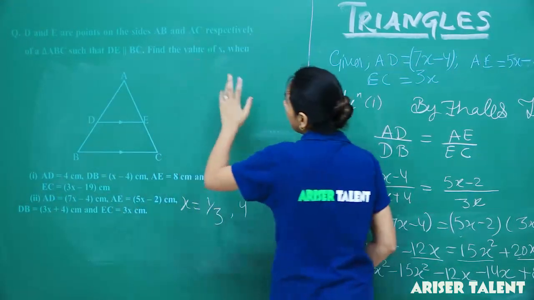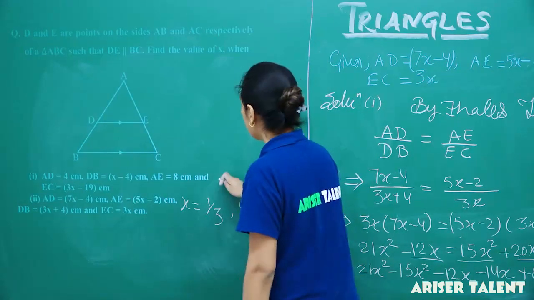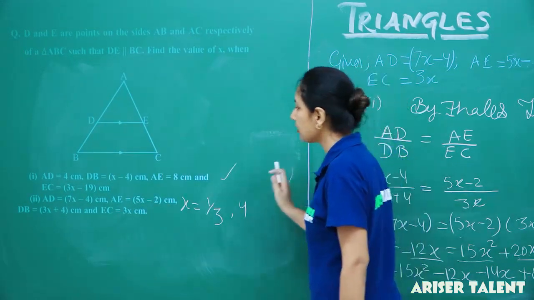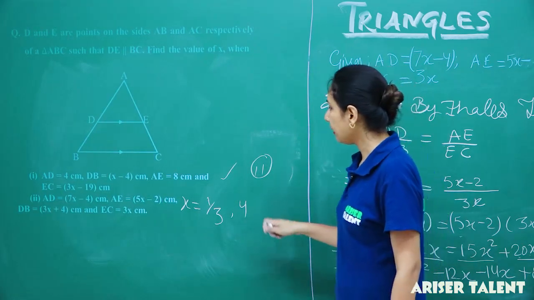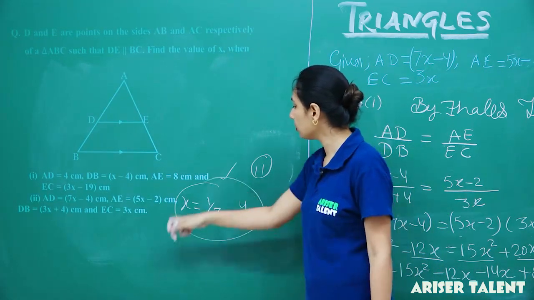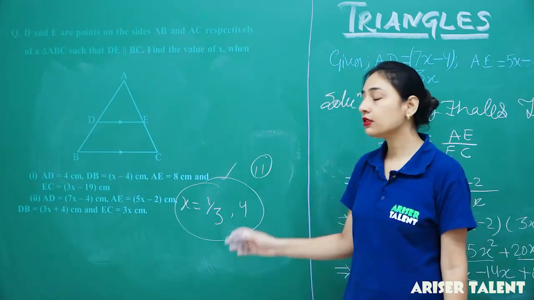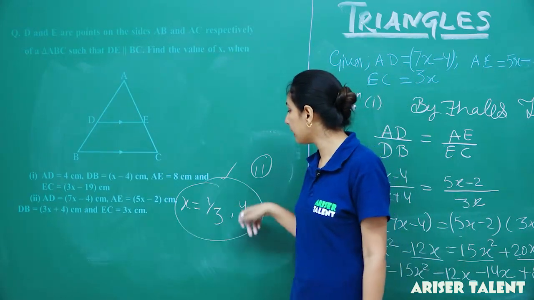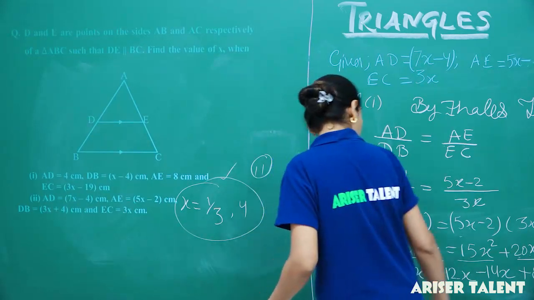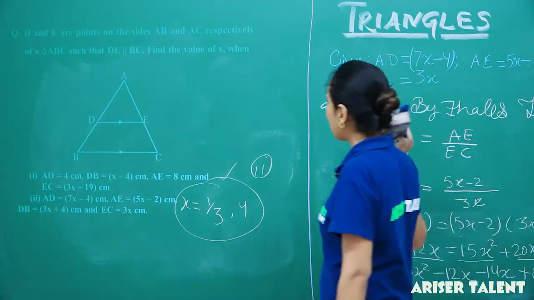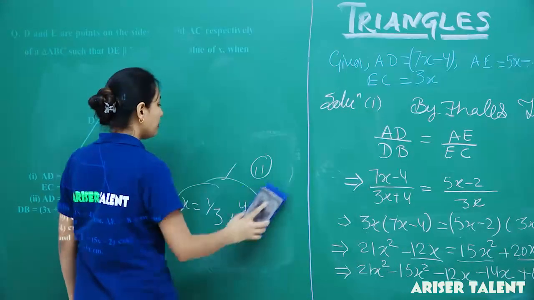You have to find the value of x in both the cases. In this case, that was I think 11 we have calculated, right, and in this we have two values. Okay, by this polynomial equation we will get these two values, 1 by 3 and 4. Note it, I will be rubbing this complete part.